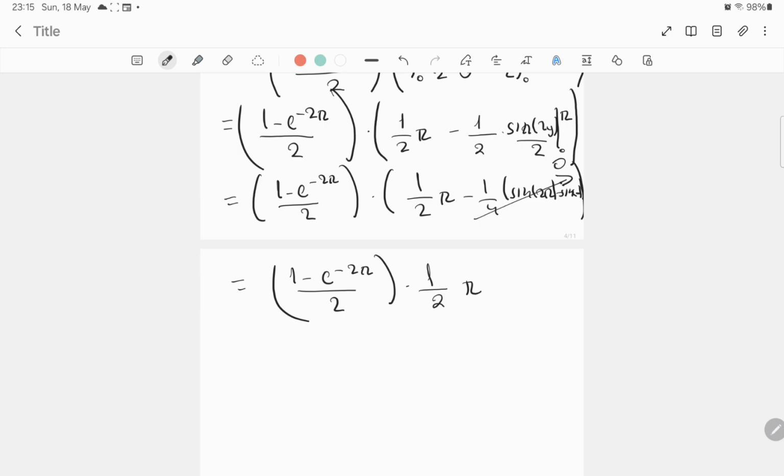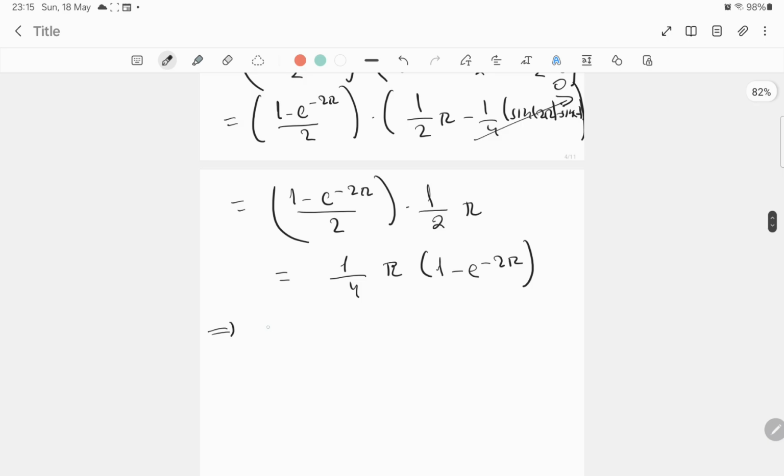And I can work this out further. It is 1 over 4 times pi times 1 minus e to the minus 2 pi. So my L2 norm squared in the bounded domain omega is going to be 1 over 4 times pi times 1 minus e to the minus 2 pi.